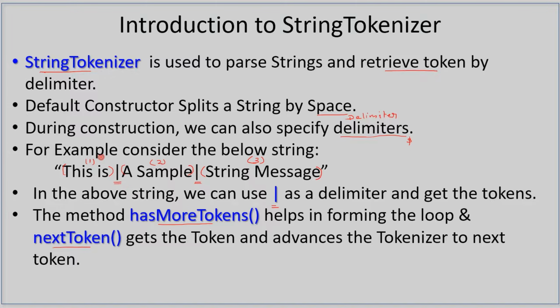Say for example, nextToken means when you are here, it will return this is, and the tokenizer moves to the next token. Because the pipe is the delimiter here, it reads up to this as a single token and advances to the next one on each nextToken. So if you call nextToken at this stage, it reads a sample and then it advances to the next token.